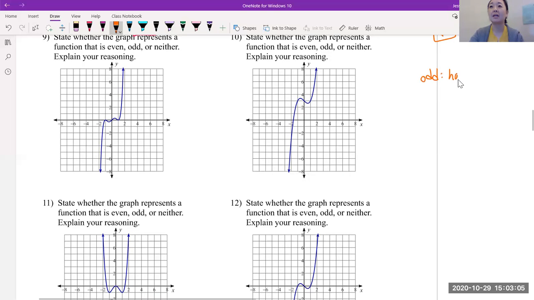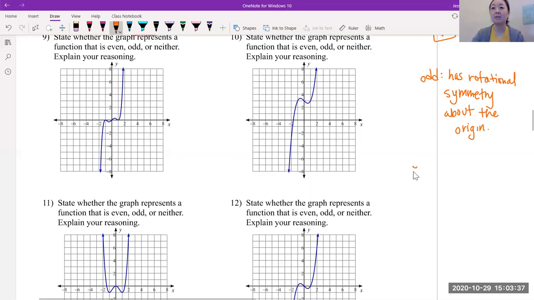So: has rotational symmetry about the origin. If that is not true, it's not odd. Just because it has an odd exponent, or one arm is up and one arm is down, does not make it automatically odd. It has to have this definition.